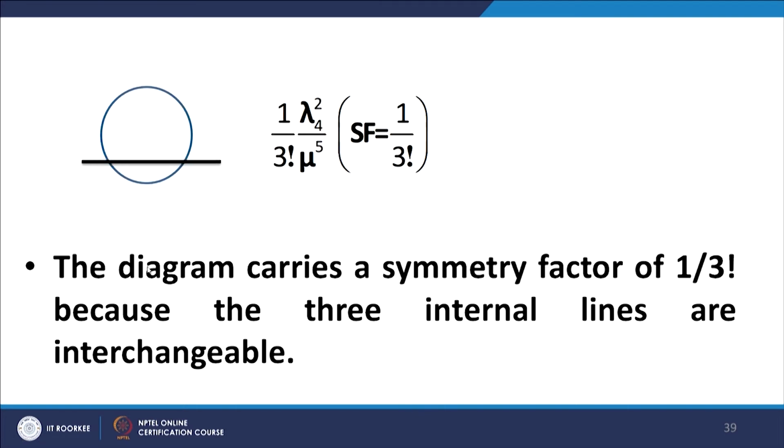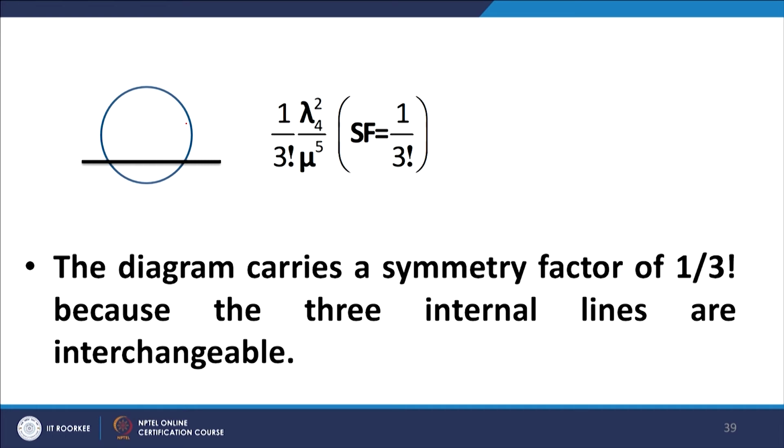Let us look at this diagram here. In this diagram, how many vertices do we have? We have one vertex here, which is a 4 vertex, and we have one vertex here which is also a 4 vertex. So, we have lambda 4 squared. How many lines do we have? 1, 2, 3, 4 and 5 lines here.